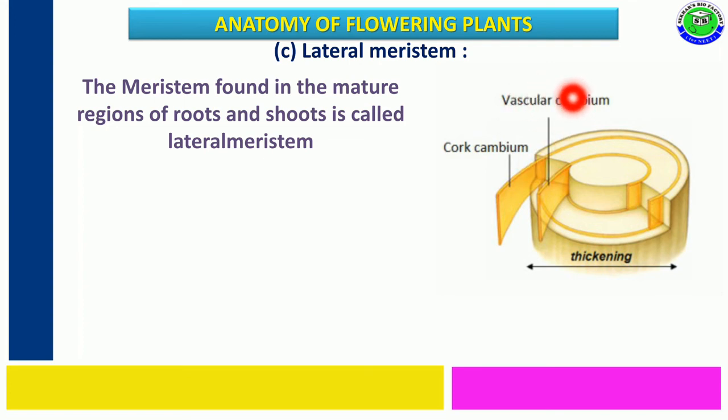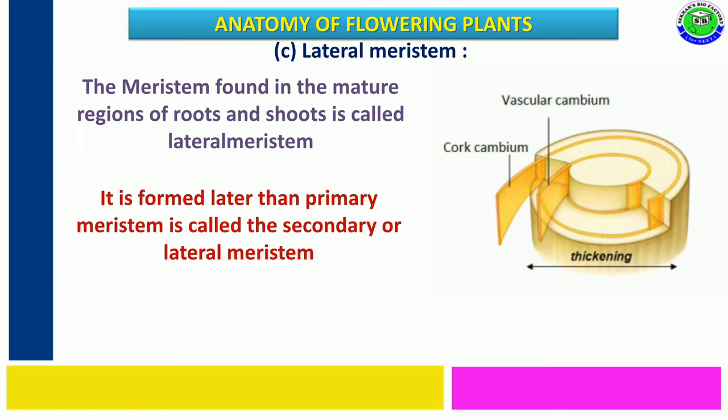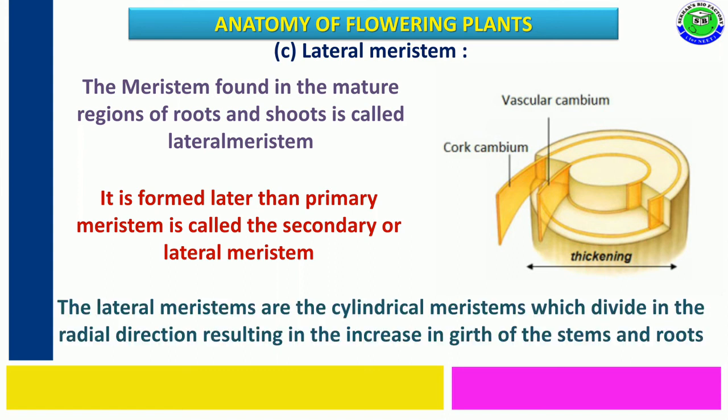For example, both vascular and cork cambium are formed in later stages of growth. That's why it is referred to as lateral meristem and is also called secondary meristem. This secondary meristem is formed later than primary meristem. That's why it is called secondary meristem or lateral meristem.